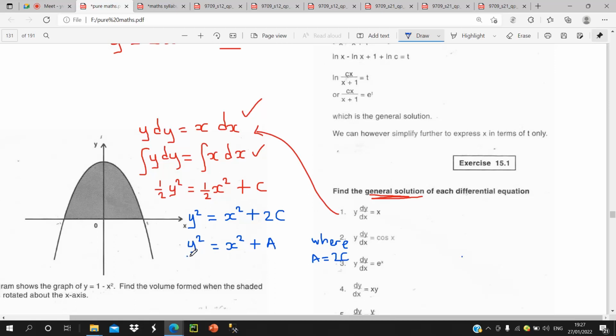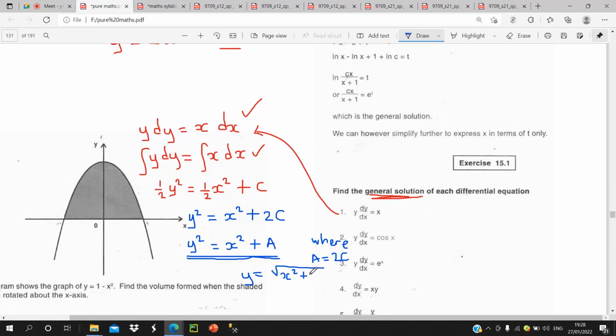So the simplest way will be in this form. This will be our general equation. Or maybe they may say show that the general solution is in the form y is equal to the square root of x squared. It's another form depending on the question.